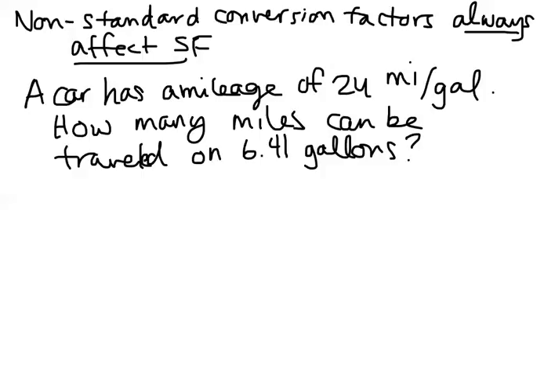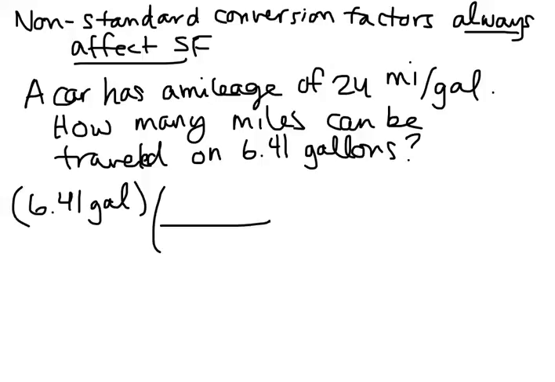That's something that can be measured, a physical amount. You're going to start with the physical amount, 6.41 gallons. And then you're going to put gallons on the bottom because you want to get rid of gallons to go to miles. So 1 gallon is 24 miles.